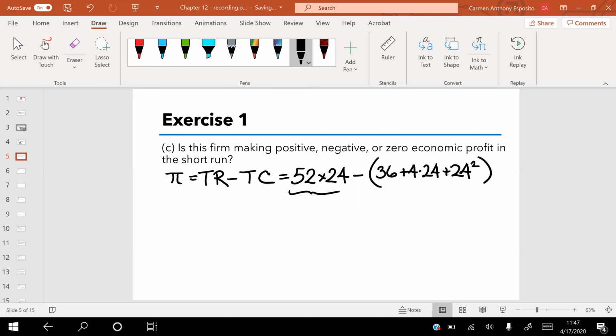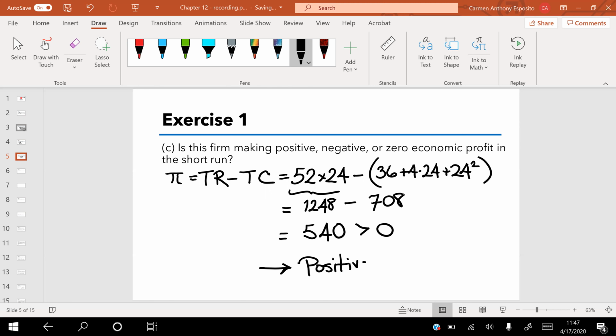This gives us 1,248, and this gives us 708. If you don't believe me, just type it into a calculator. And this is equal to 540. Well, that's greater than 0. And so we get positive profits. So firms should probably keep producing in this case.